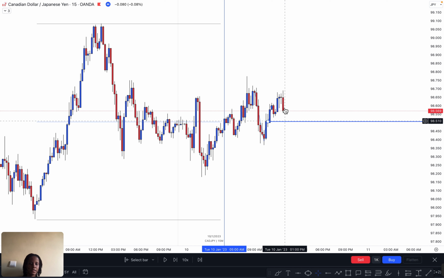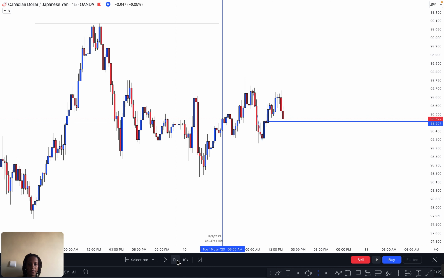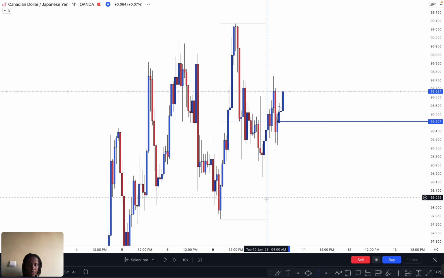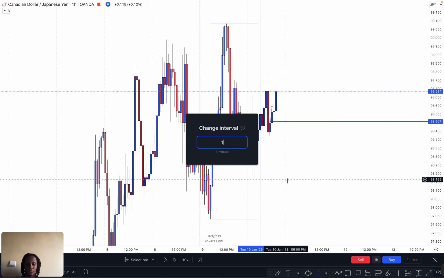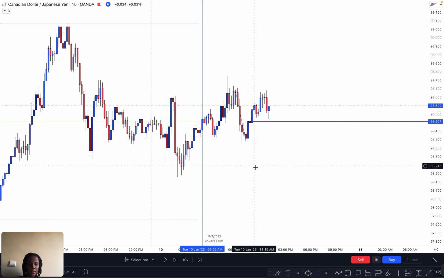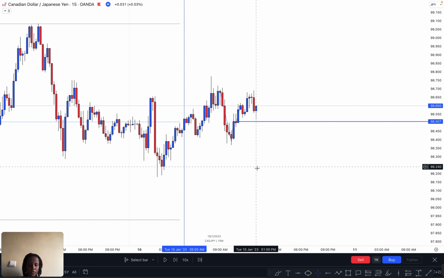Okay, you can see here it's coming back to the neckline. Let's see if the 1 hour time frame supports the entry. Let's go back and see which time. You can see here this is 1.